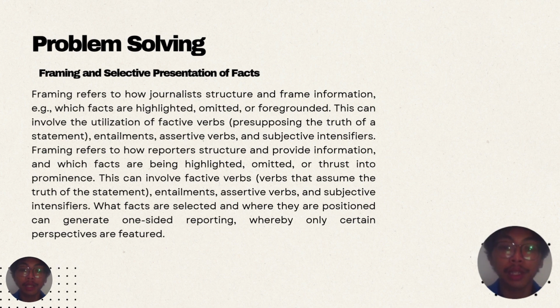What facts are selected and where they are positioned can generate one-sided reporting, whereby only certain perspectives are featured.